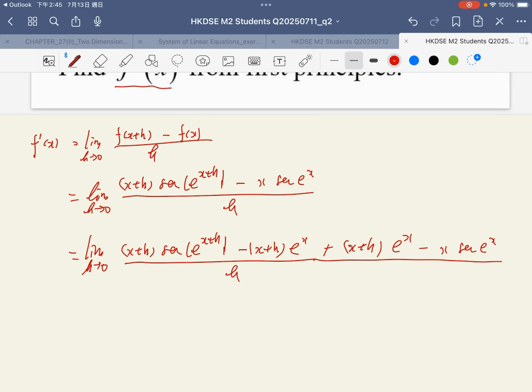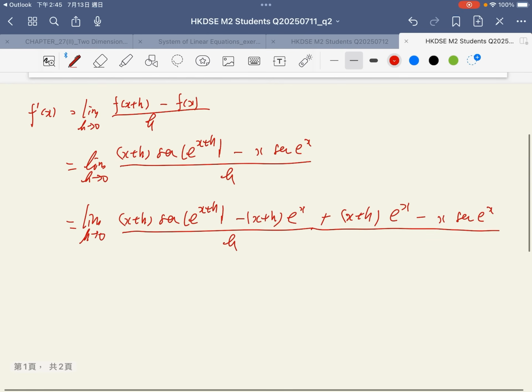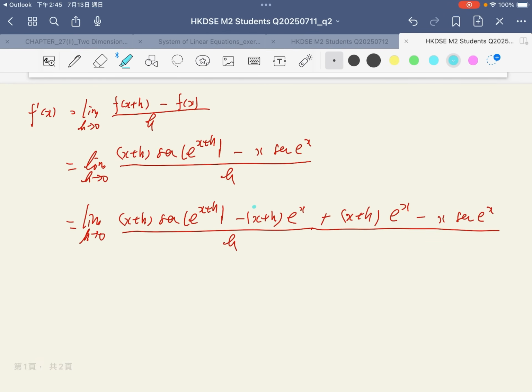Let me see. Yeah, that is perfect. And then separate this into two groups. Originally this is actually 0, and now after inserting these terms, we can group this one and this one.